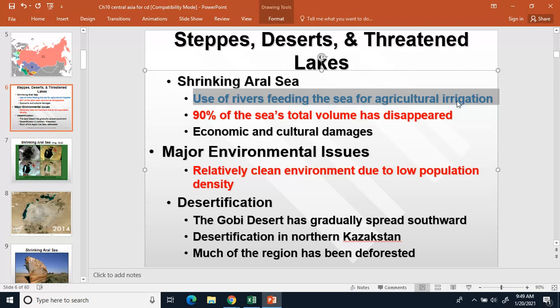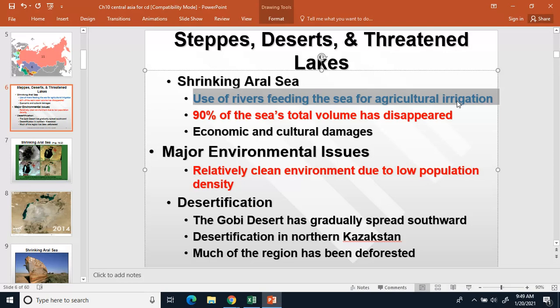So what's happened is that in the 1960s, there was a push in the area for people to grow cotton. Cotton requires water. Not a huge amount of water, not as much as sugarcane does or rice, but it still requires a good deal of water to grow cotton.